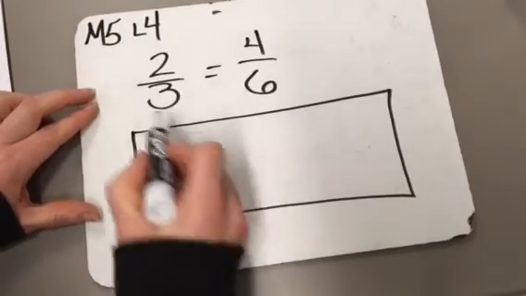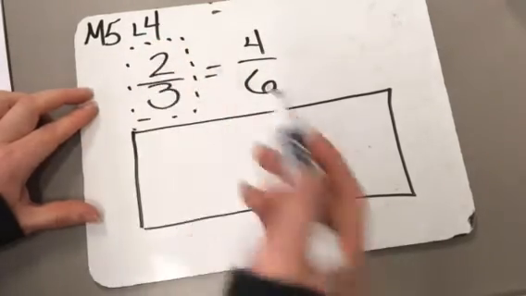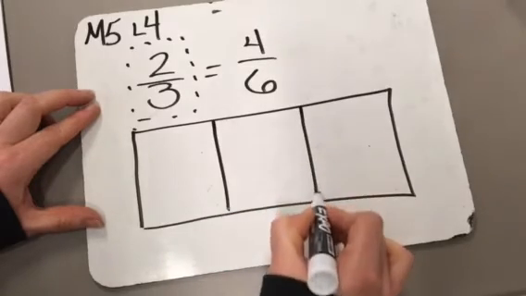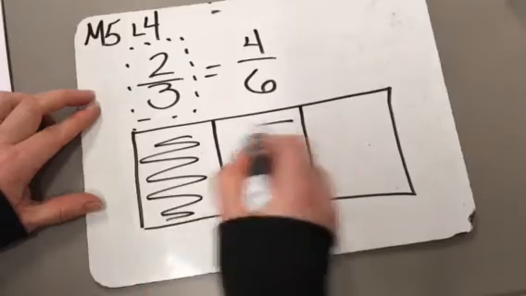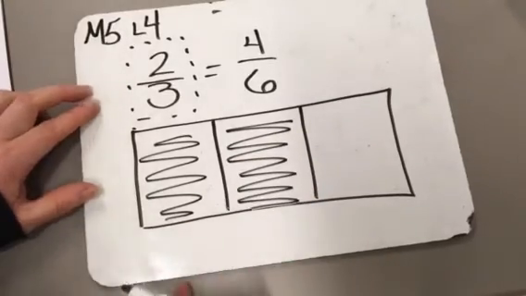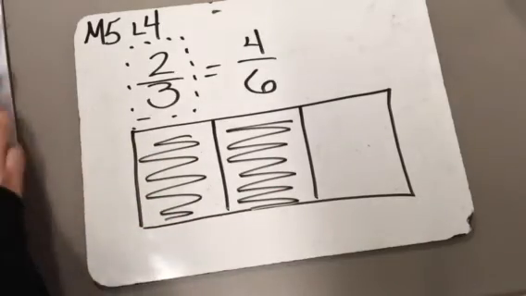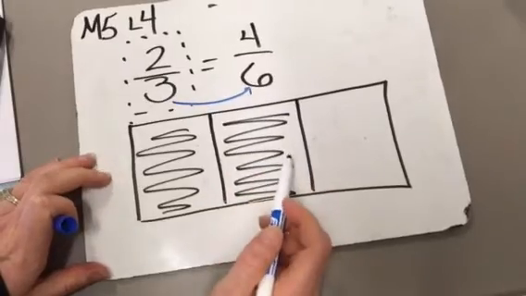So again, we make the fraction that has the smaller numerator and denominator. So I'm going to cut it into thirds. Thirds. I'm going to shade in 2. 1, 2. So I need to turn them into sixths. Well, how do I get from 3 to 6?